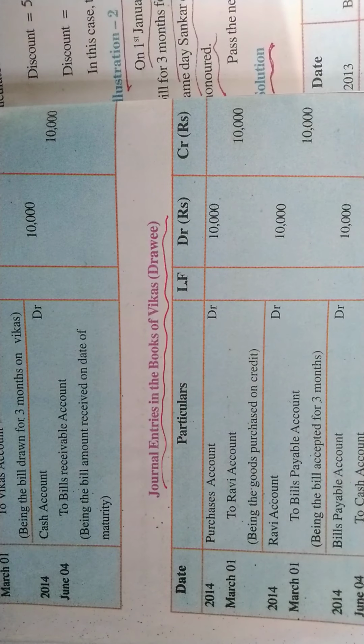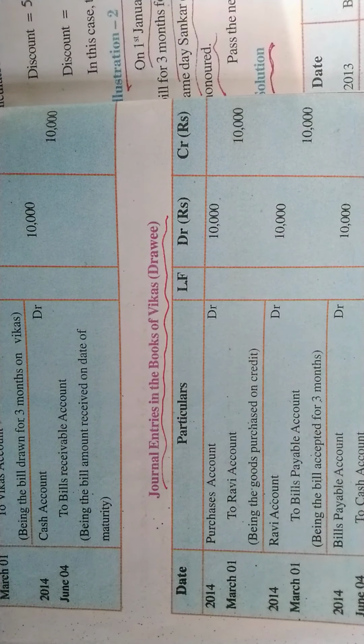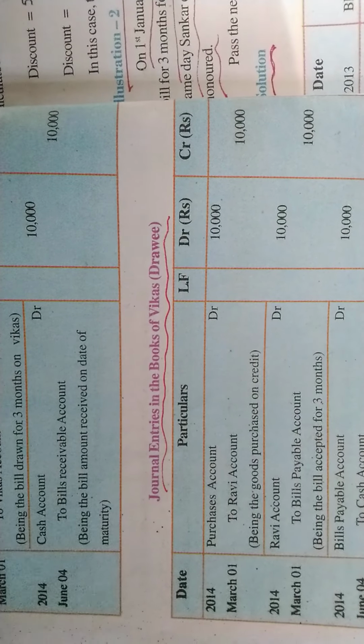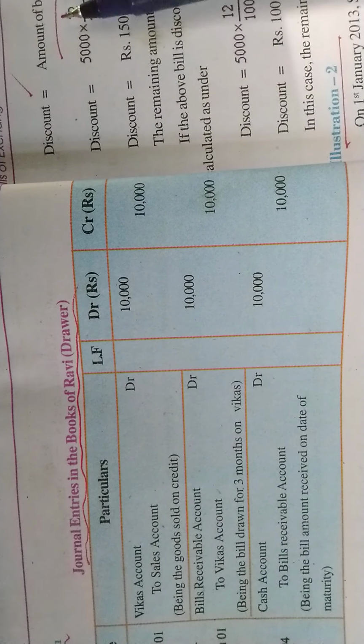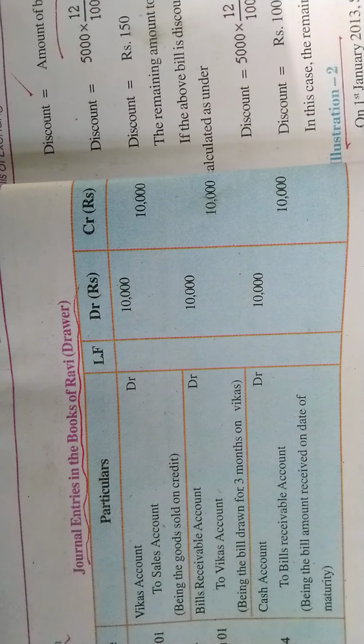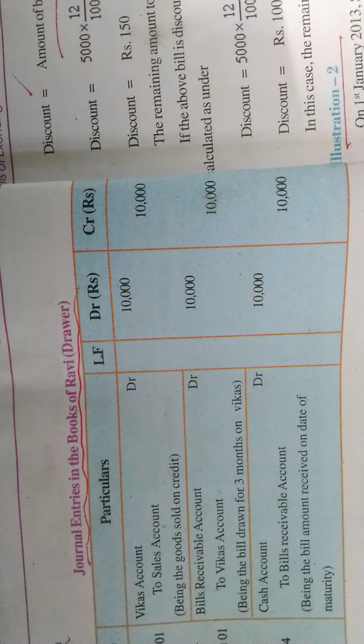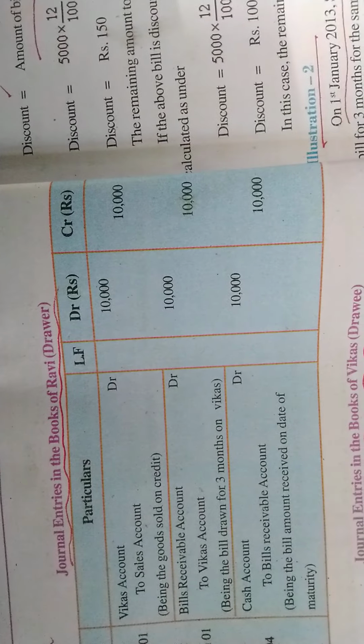So the second situation is when the bill is discounted with the bank. When the bill is discounted, the discount is the amount of bill discounted into rate of discount by 100 into unexpired period.